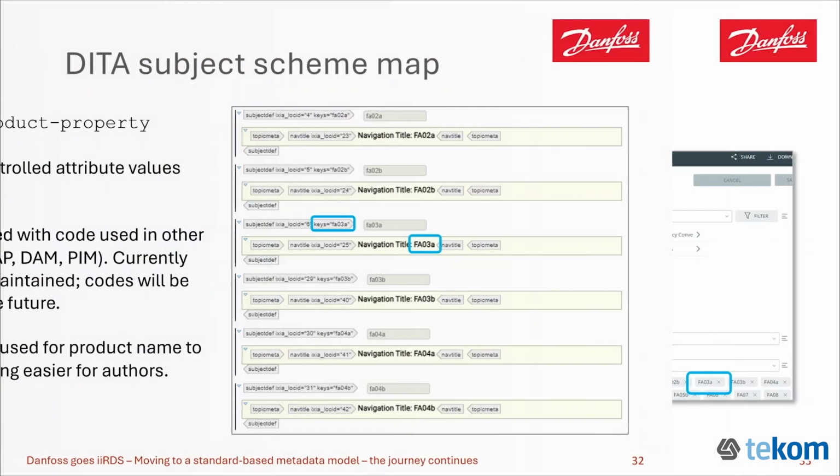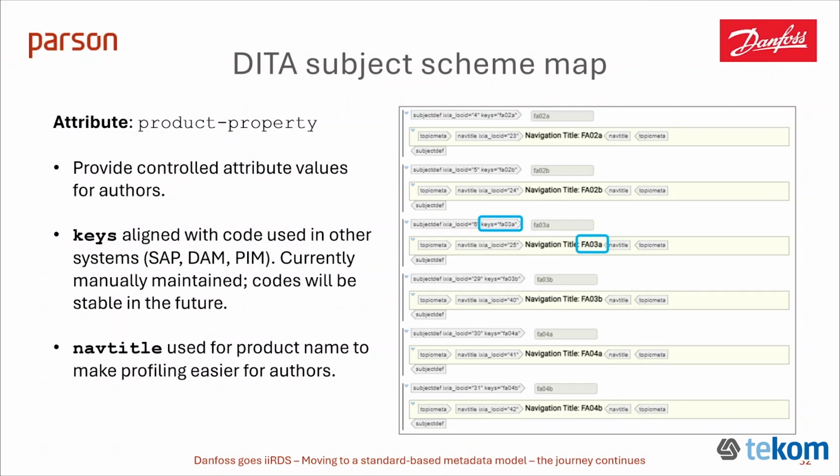Subject scheme maps also allow more easy to read values in the form of the nav title, so the authors don't have to remember the actual technical value for this property, but can use the usual name they know.